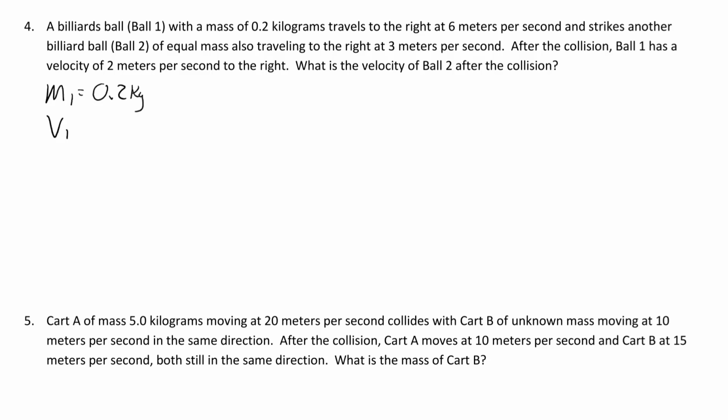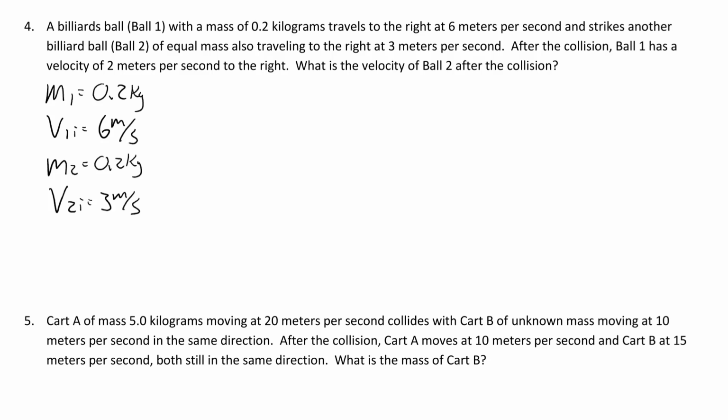So the velocity of 1 initially is 6 meters per second, and then it strikes another billiard ball, which is ball 2 of equal mass, so m2 is equal to 0.2 kilograms, and it's also traveling to the right at 3 meters per second, so velocity of 2 initially is 3 meters per second.